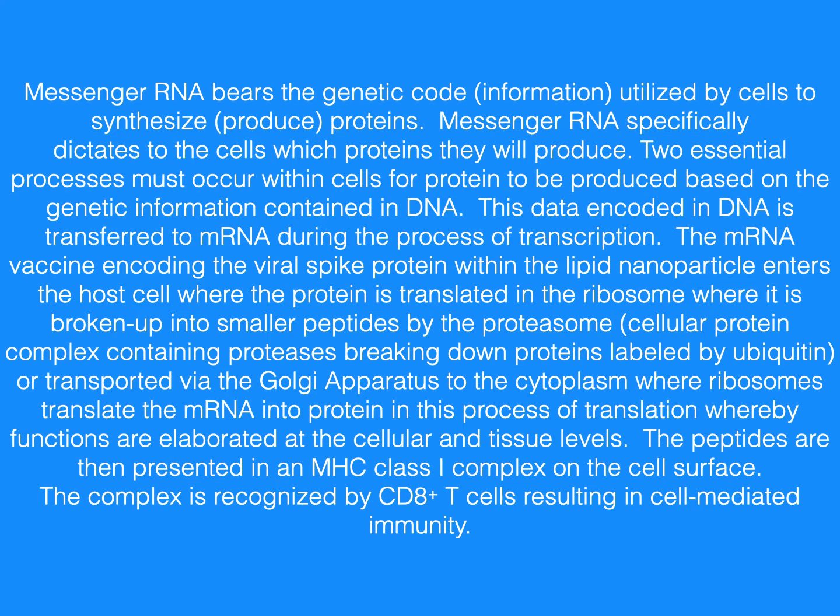The mRNA vaccine, encoding the viral spike protein within the lipid nanoparticle, enters the host cell, where the protein is translated in the ribosome, where it is broken up into smaller peptides by the proteasome, or transported via the Golgi apparatus to the cytoplasm, where ribosomes translate the mRNA into protein in this process of translation, whereby functions are elaborated at the cellular and tissue levels.